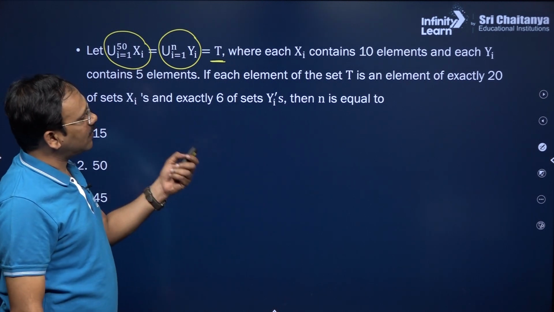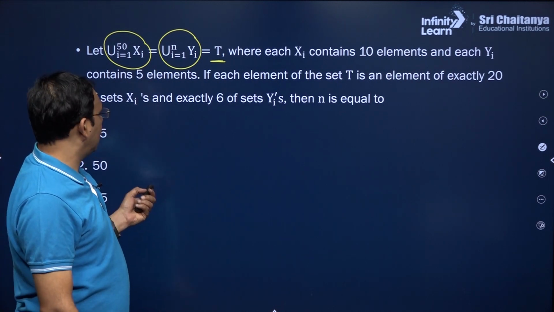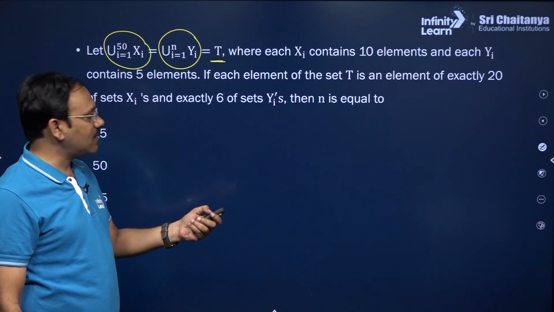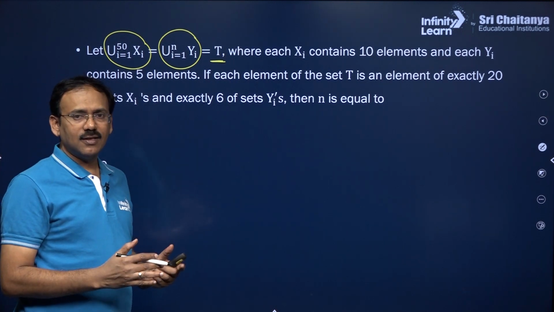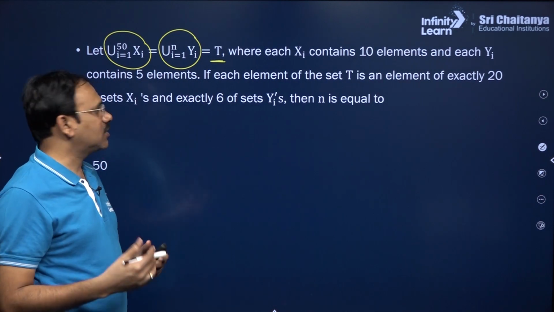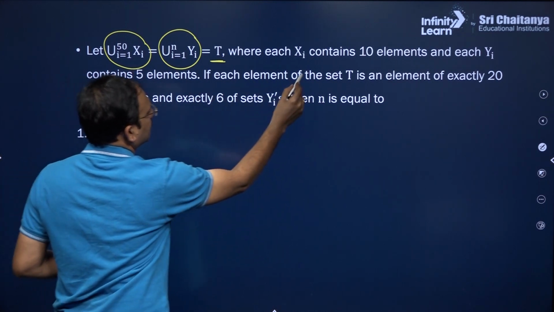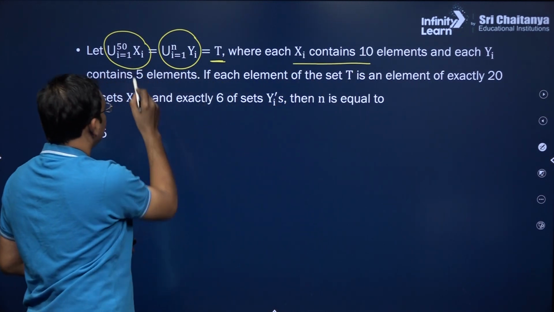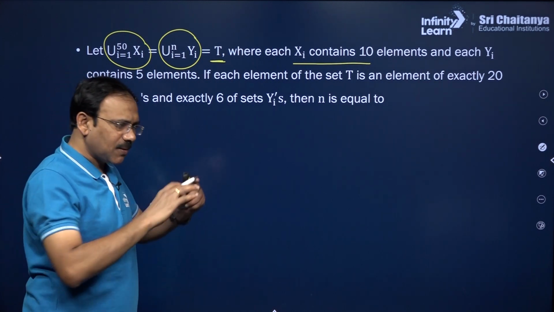If each element of set T is an element of exactly 20 Xi's and exactly 6 of Yi's, then the value of n is. The same kind of question was there in the previous year, so it is a bit modified question, with changed numerical values. You see, suppose each Xi contains 10 elements, there are 50 such Xi's, maybe certain things are common.